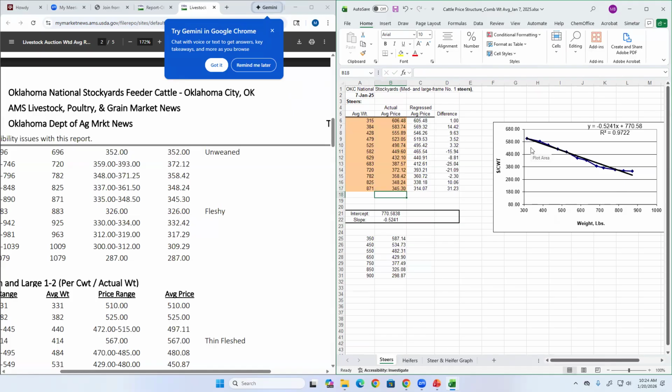All right. So as body weight increases, dollars per hundredweight is doing what? Going down.